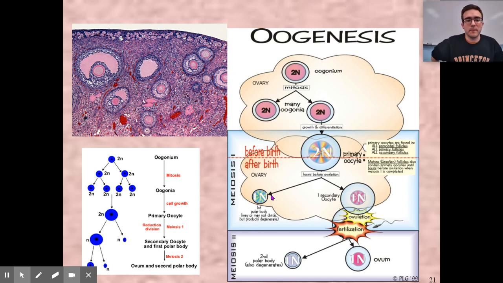And two, when females go through the meiosis process, they don't produce 4 haploid cells. They produce one primary oocyte, so one primary egg cell, and 2 polar bodies.